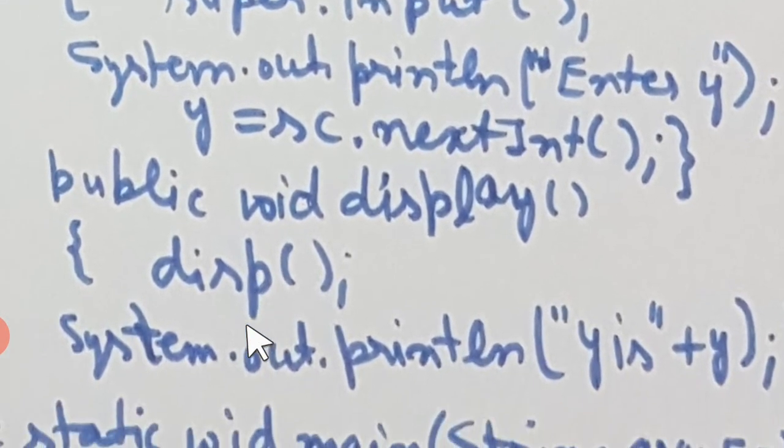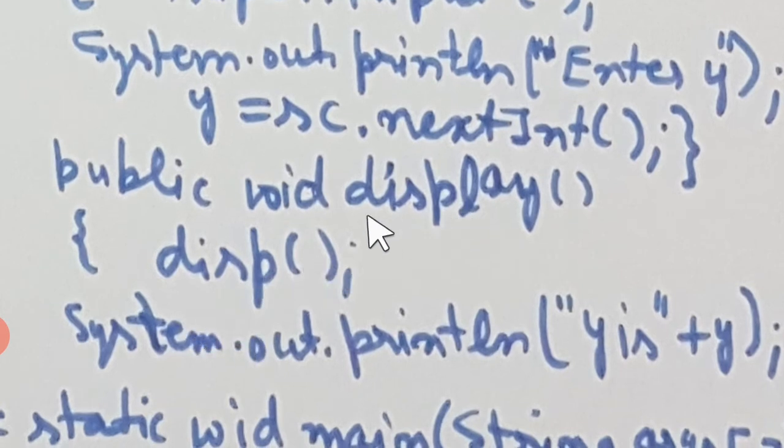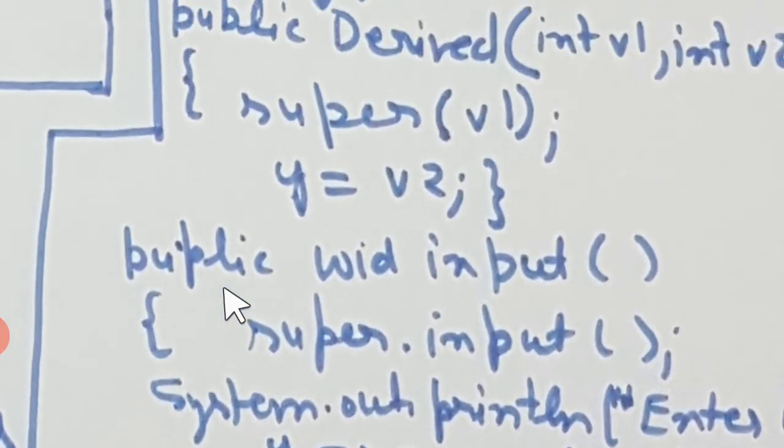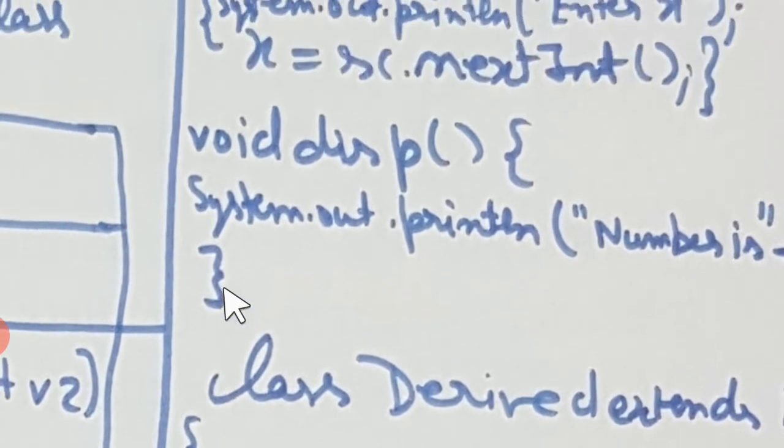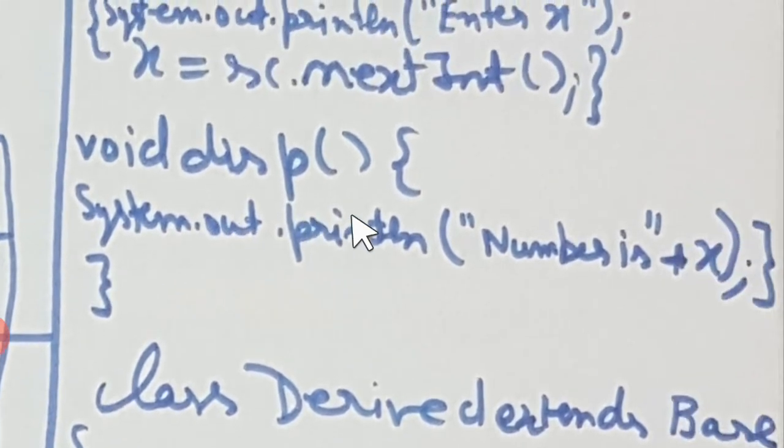After that we have public void display. The display function will call disp first because it has to display the value of x. Here, students, the disp function is given for the base class. You can see here, which is displaying the message number is, and then the value of x will be displayed. Since the names are different, there is no problem.